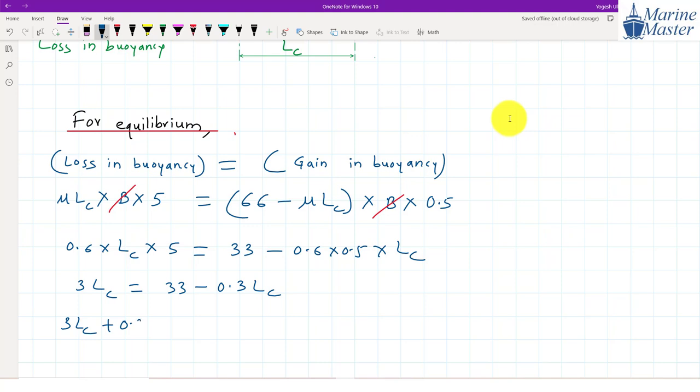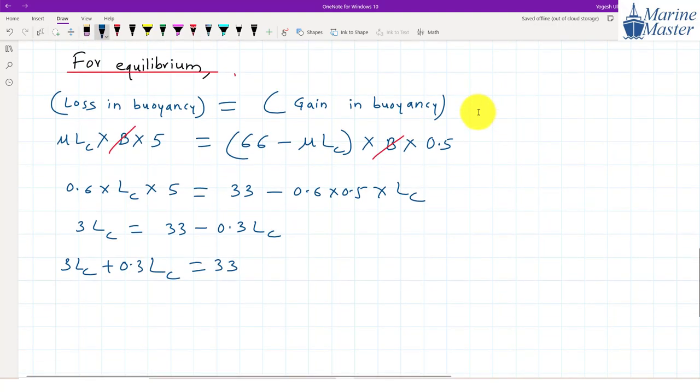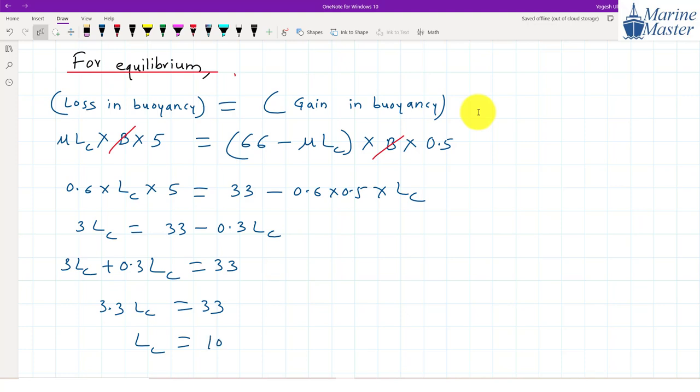So here 0.3 LC equals 33, so 3.3 LC equals 33. So LC will become 10 meter.